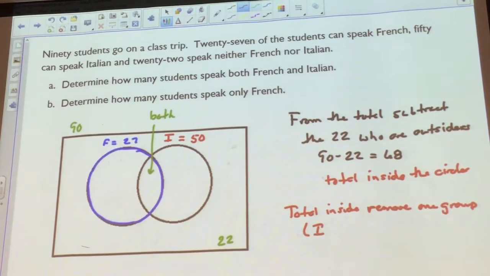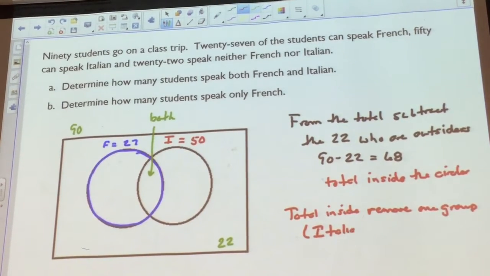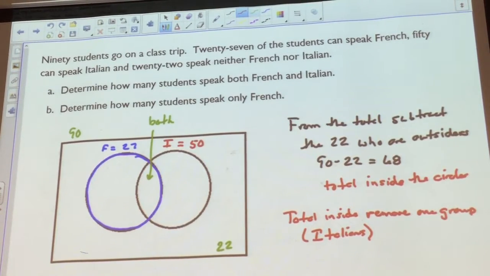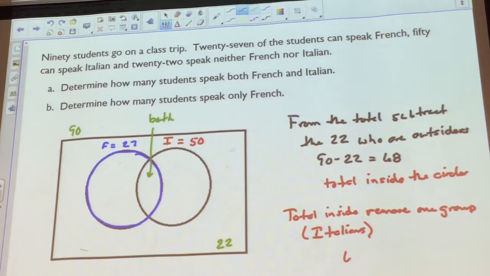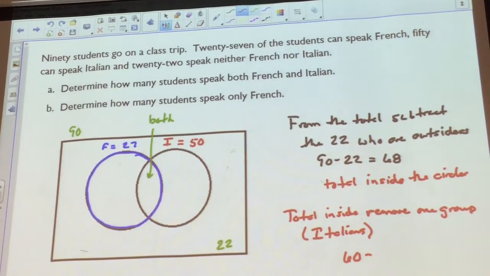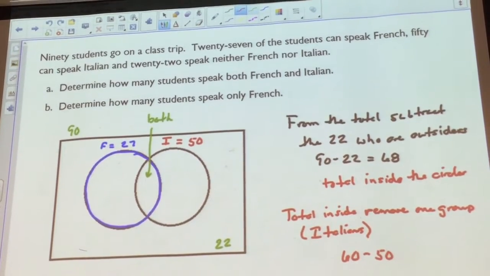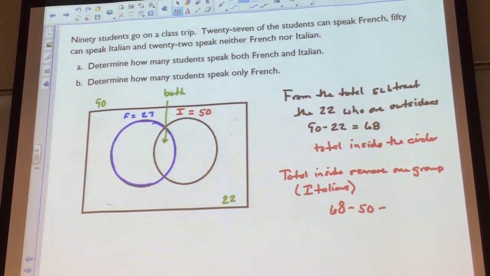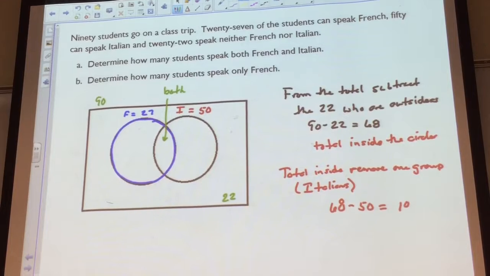Okay, so for some reason we're picking on the Italians today. All right, not really, okay. Then that 68 minus the 50 would have to leave us with 18.